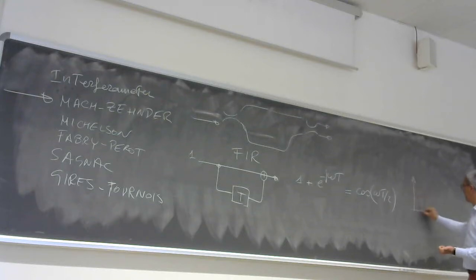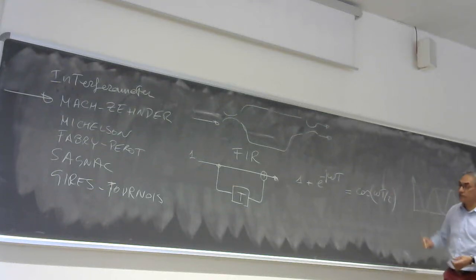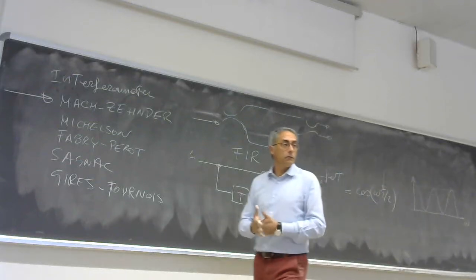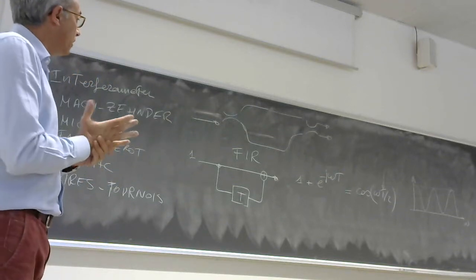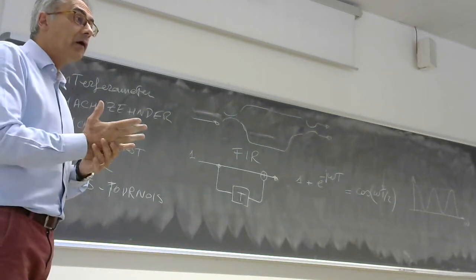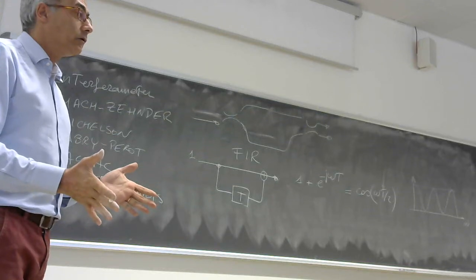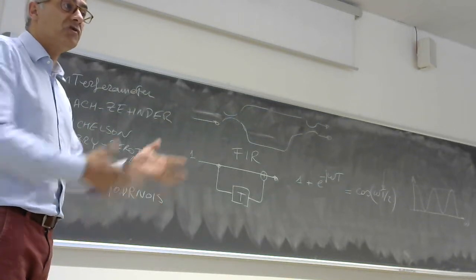So this is the transfer function in frequency; take the square of the modulus. That is a sinusoidal, periodical transfer function, with a period that depends on the delay of the two arms. I'm sure that you have seen something like this in the courses on signals and signal processing. Is that correct? You have seen it? So it's nothing new for you.